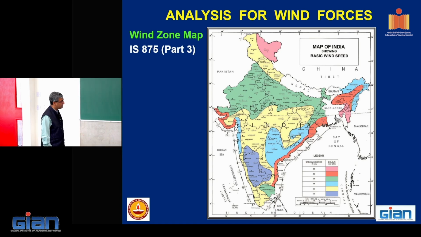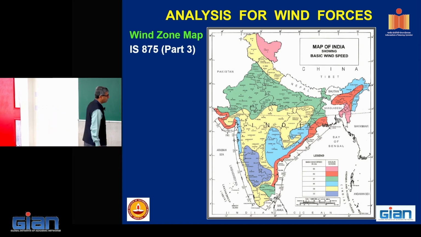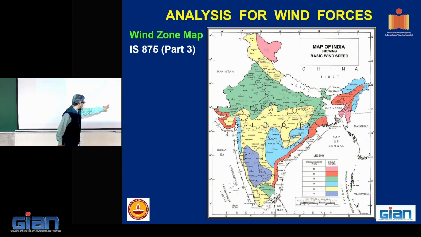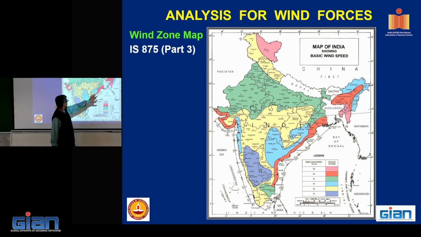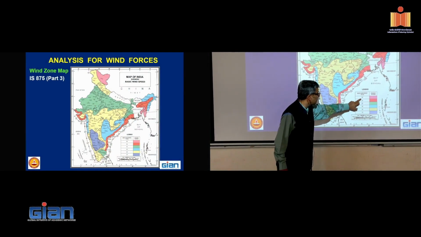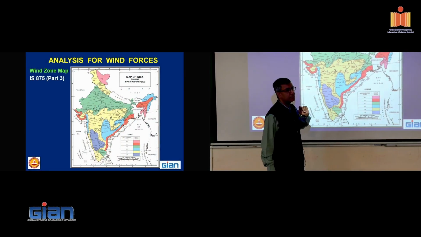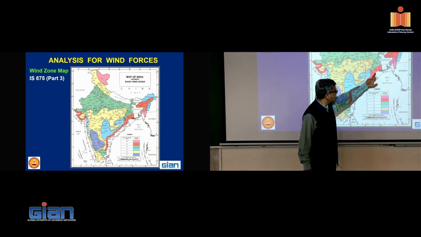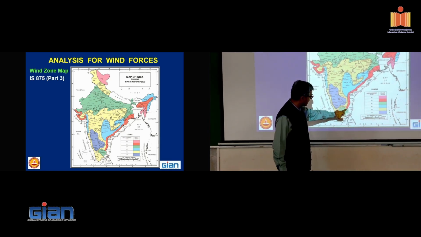That means this is the map. If I now look into the values, this particular region, which is this part, has 55 meters per second basic wind speed. I'm just giving you some values. This whole coastal area is the cyclonic area.